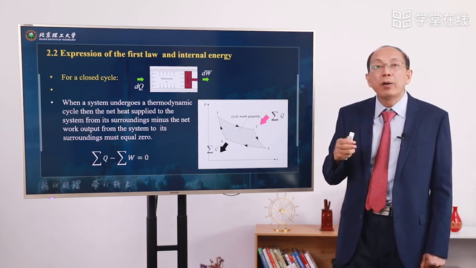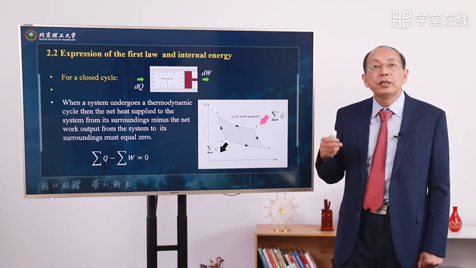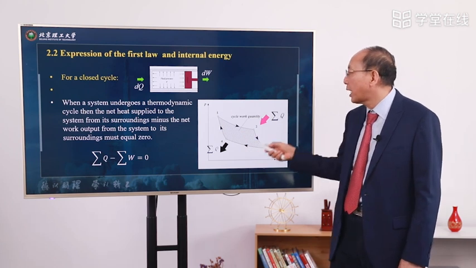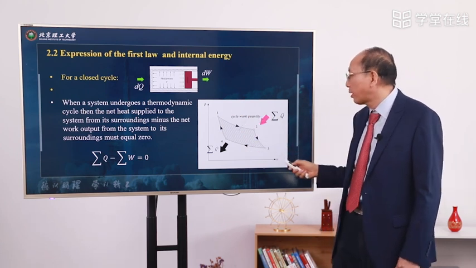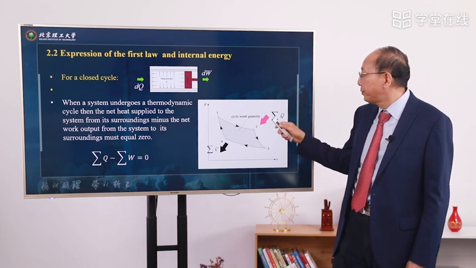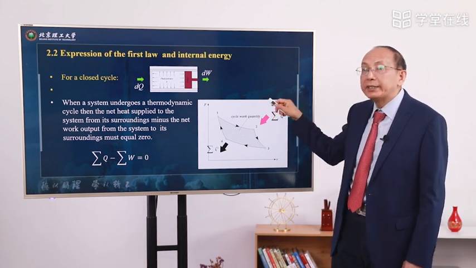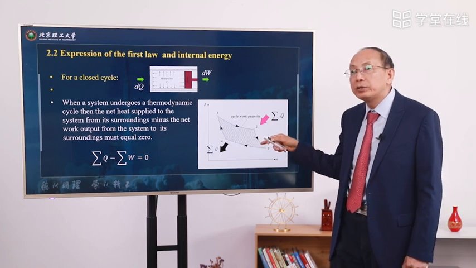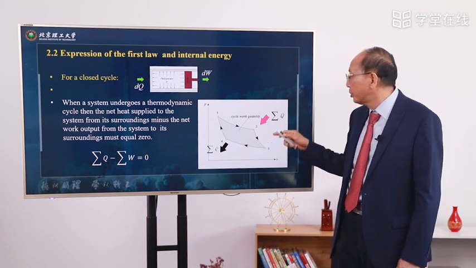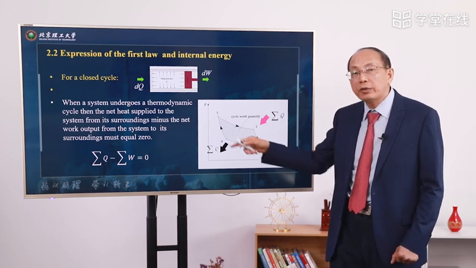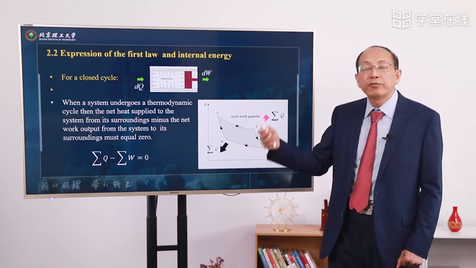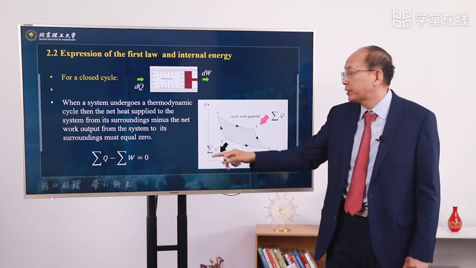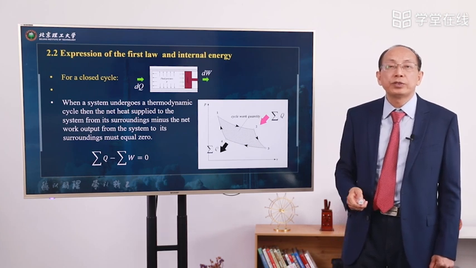Energy cannot be created or destroyed. So in a cycle, in a PV diagram, the heat energy the outside gives the system must equal the work the system gives to the outside. So sigma Q minus sigma W equals 0.